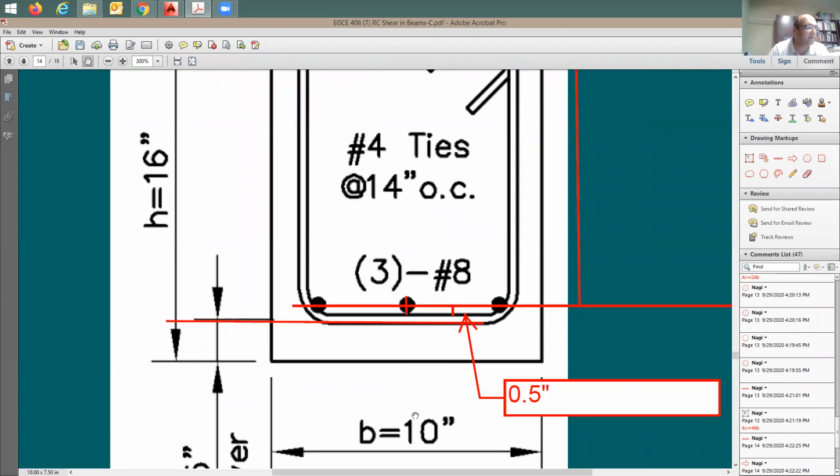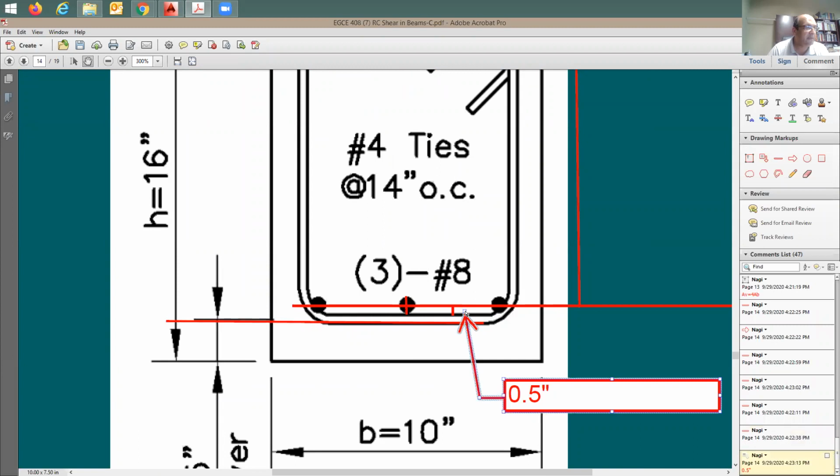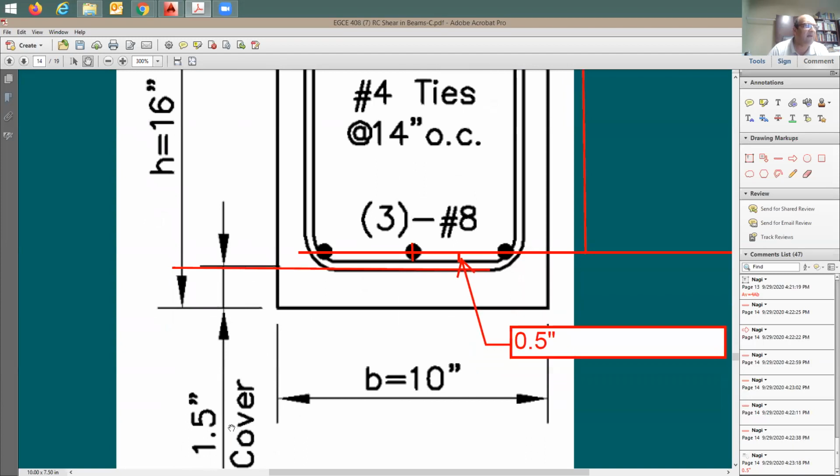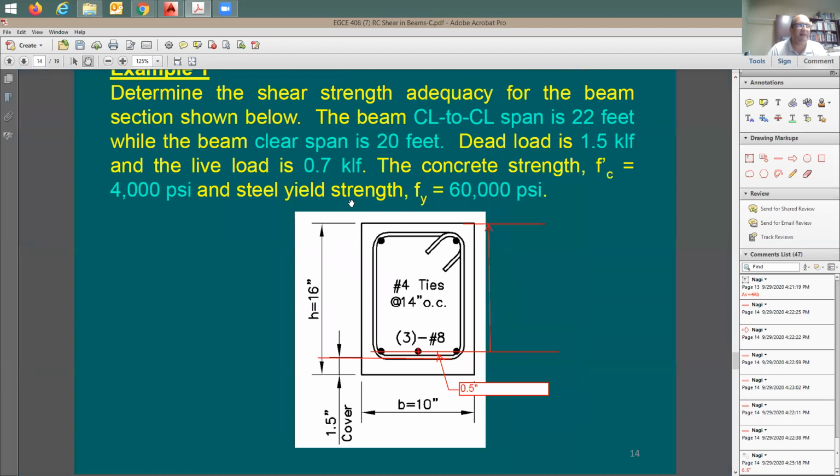And the tie diameter is going to be half an inch. So with that, I have 1 inch from this red line to that red line. Plus 1.5, it means 2.5 inches from the center of the rebar to the bottom of the beam. So take 16 minus 2.5, which is 13.5 inches for the depth.